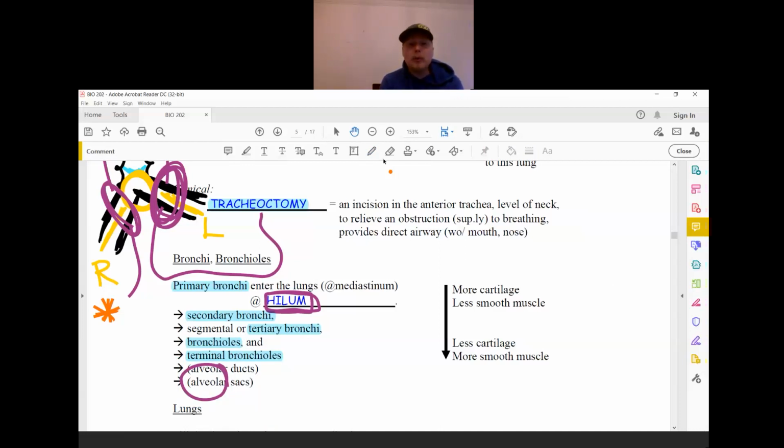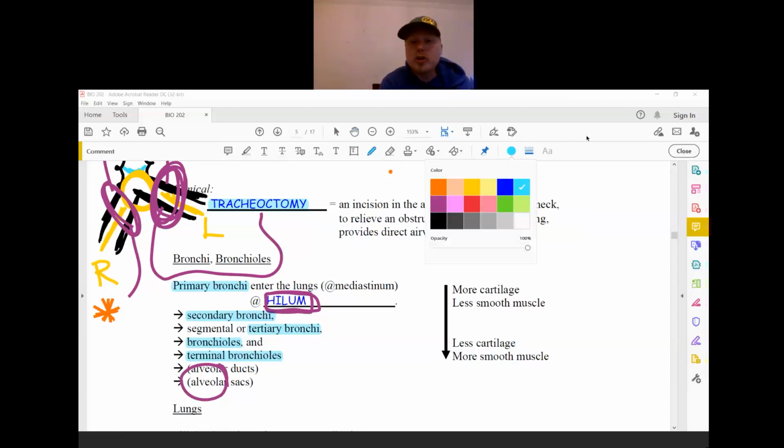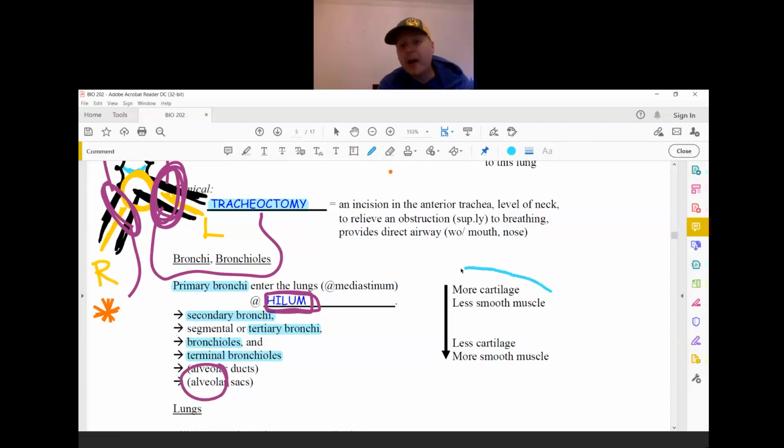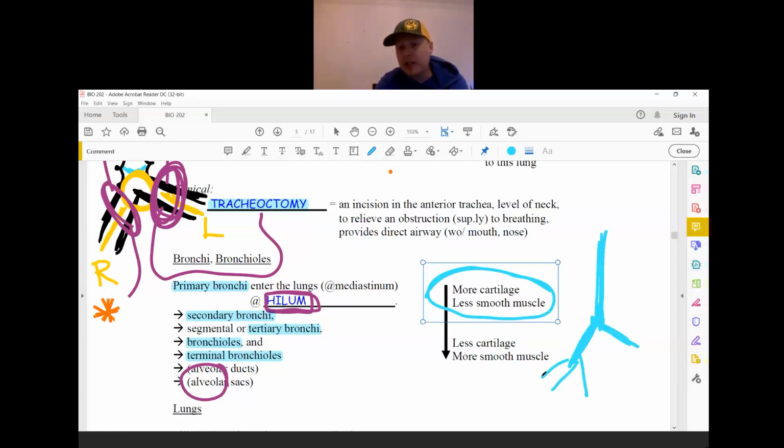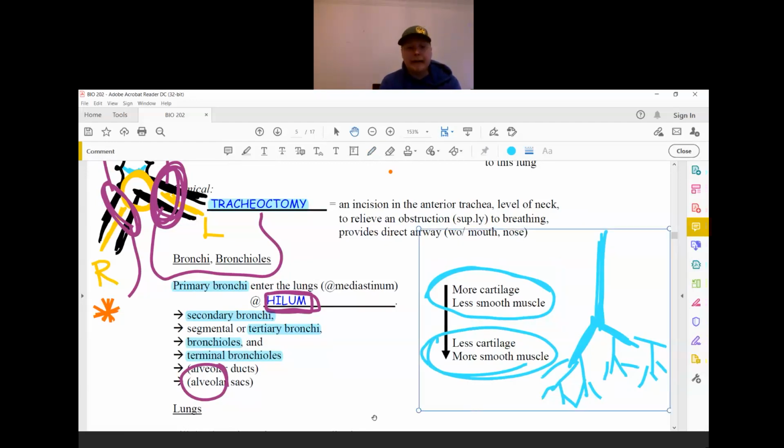At the most superior parts of the trachea, we have more cartilage and less smooth muscle, but as we move down the respiratory tract to these subsequent branches, the amount of cartilage decreases and the amount of smooth muscle increases. So there is a transition from one to another.